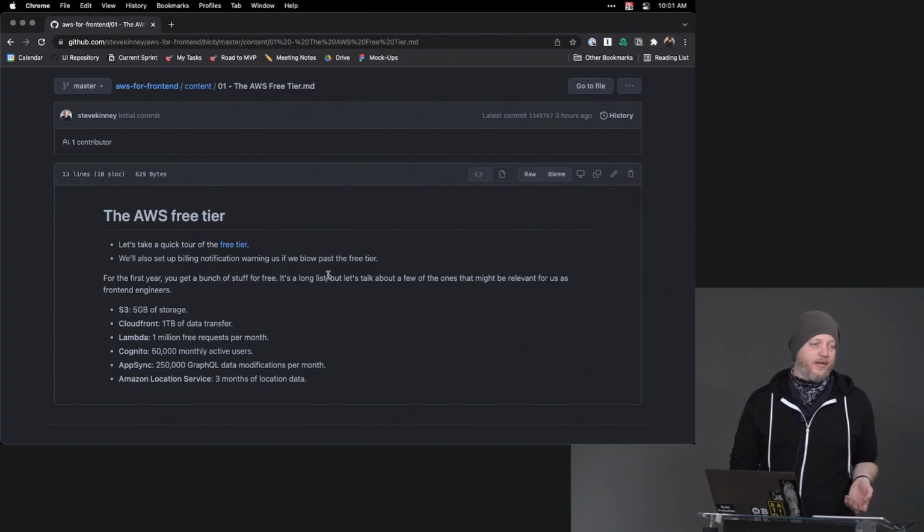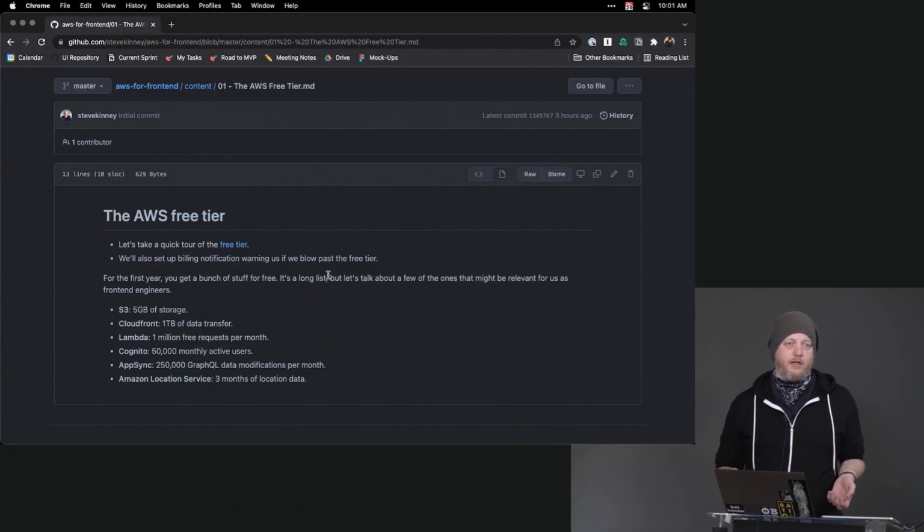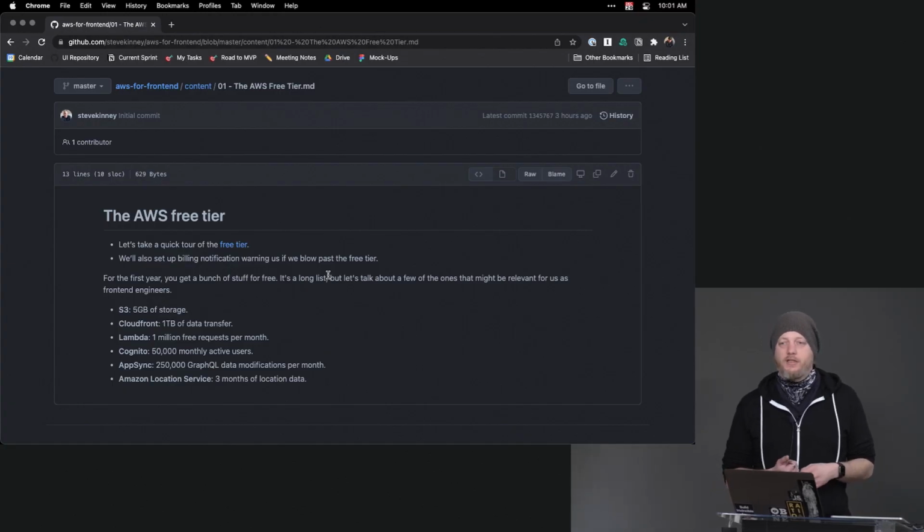That said, even if you're using the free tier, AWS is not going to let you sign up without a credit card. Part of the reason for that is, yes, in case you do run up a big bill. The other part, having worked at SaaS companies before, is that if you give people access to your infrastructure and you don't make them give you a credit card, they will use it for bad things, right? And in a lot of cases, some of that is just fraud prevention as well.